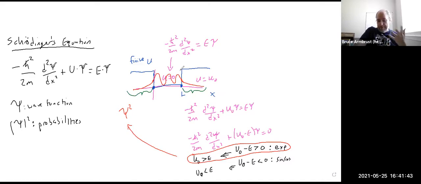But Schrodinger's equation definitely suggests that it is possible to escape out of a potential well even if you don't have enough energy. I know that's unsettling, but if this wave nature stuff is right, and everything suggests that it is, there is non-zero probability that you can actually be outside.